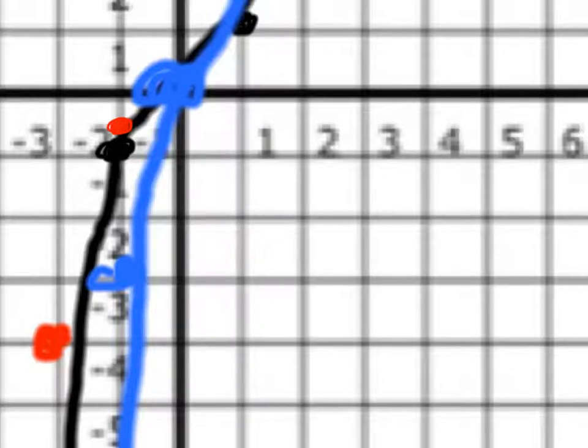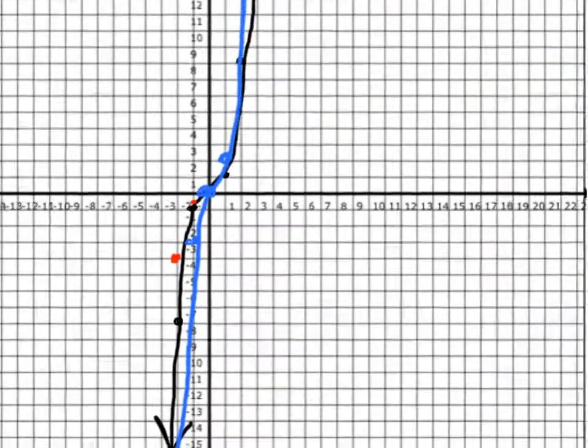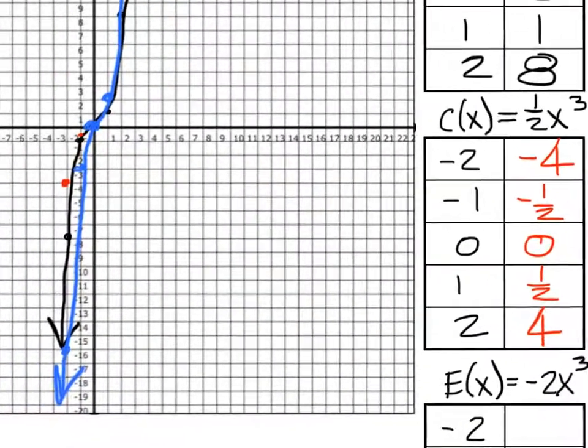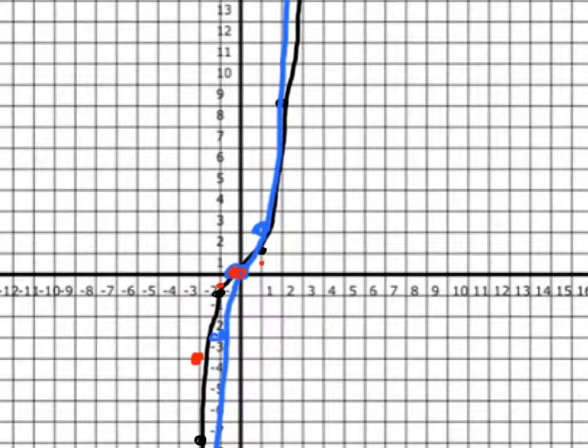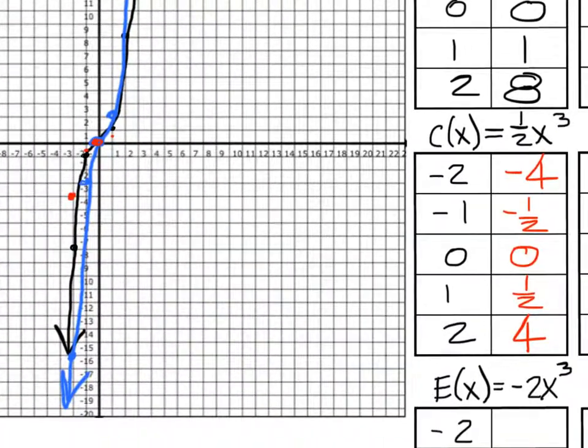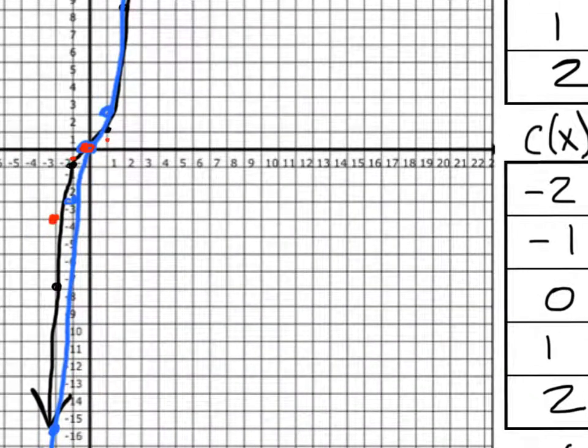Should be right there. Alright, and then we'll go over to the next one. It is 0, 0. That's easy enough. And then we go over 1 and up a 1/2. And then back over here, we'll go over 2 and then up 4.